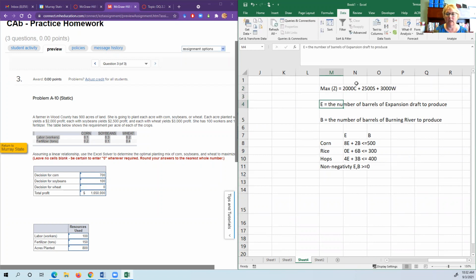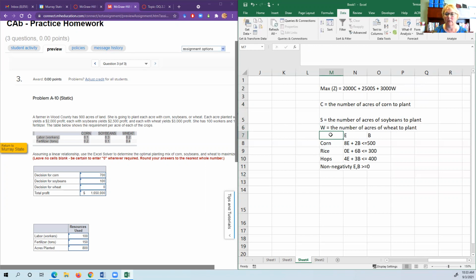Okay, so then I'm going to say C is the number of acres of corn to plant, S is the number of acres of soybeans to plant, and W is the number of acres of wheat to plant.